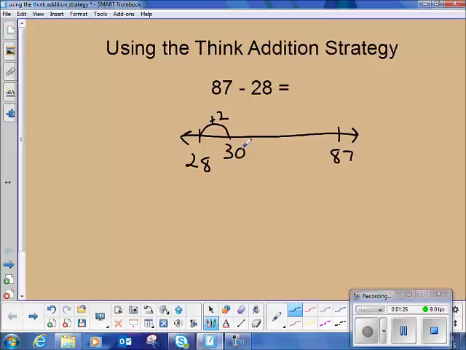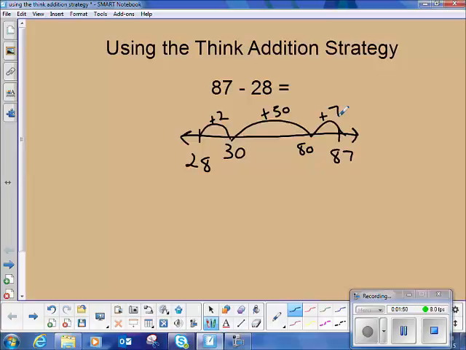Now I'm trying to get to 87, so I'm at 30. And if I add 5 more 10s, 30 plus 50, now I'm at 80. And I just need to add that 7 more to get to my 87. So with that 28, I added 2 to get to 30, 50 to get to 80, and then 7 more to get to 87.